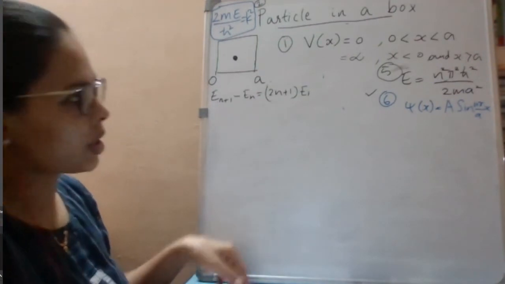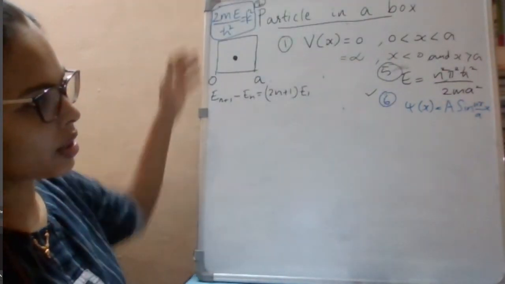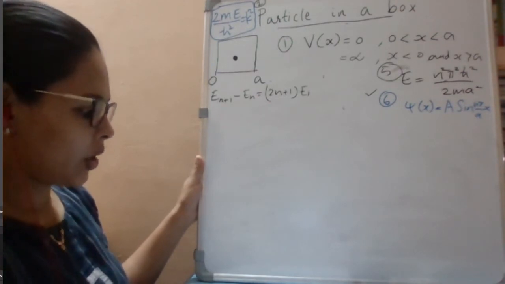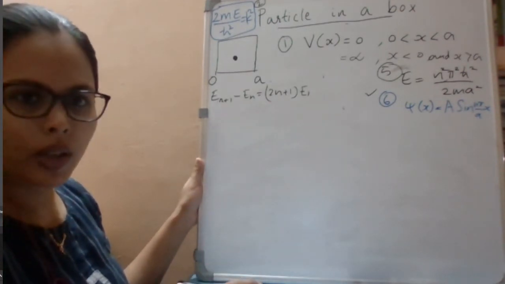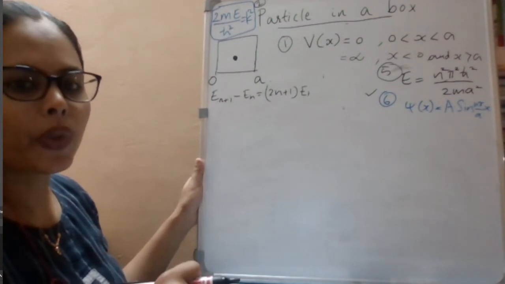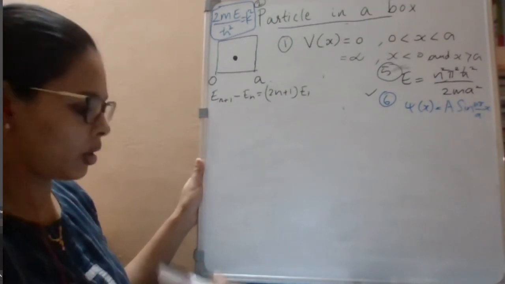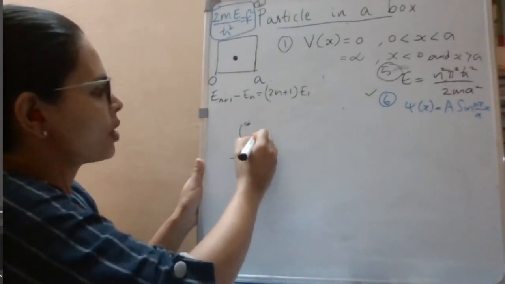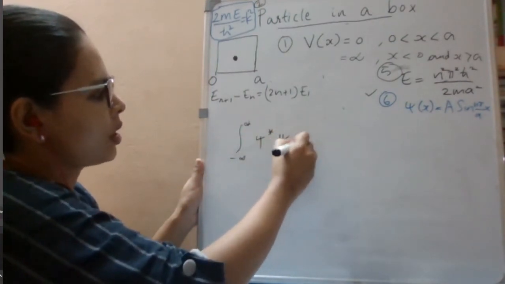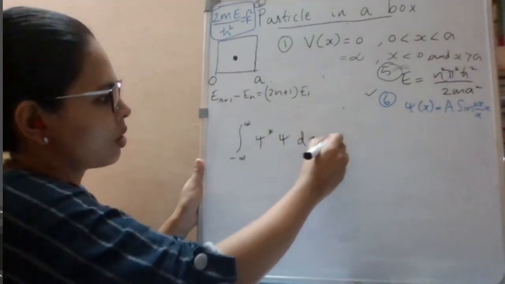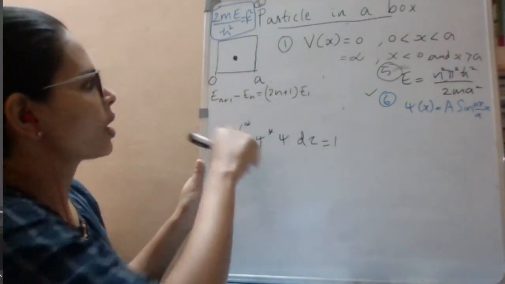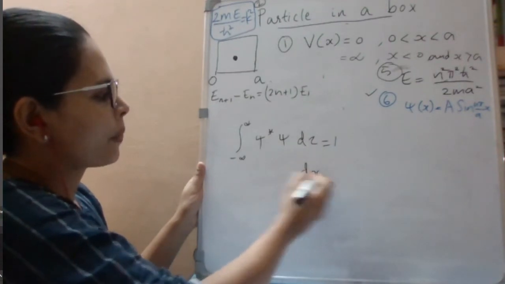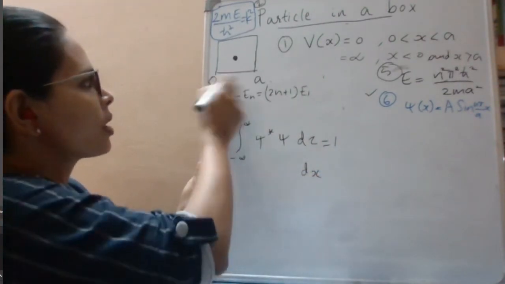The wave function, as we know, psi of x is equal to A sine n pi x by a. Once we have the wave function, we have to think about the normalization. As you know, the normalization condition says that the integral from minus infinity to plus infinity of psi star psi d tau is equal to 1. Here we are in one dimension, so d tau should be dx, and our limit is 0 to a.